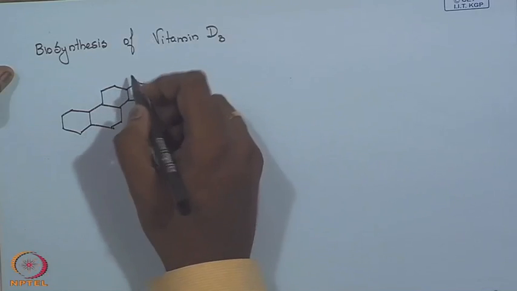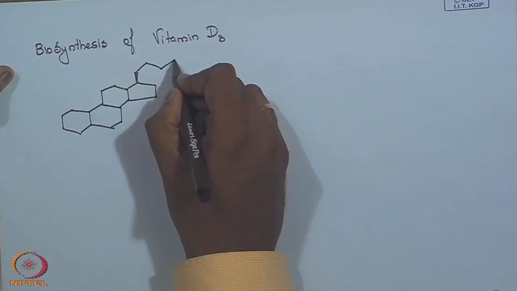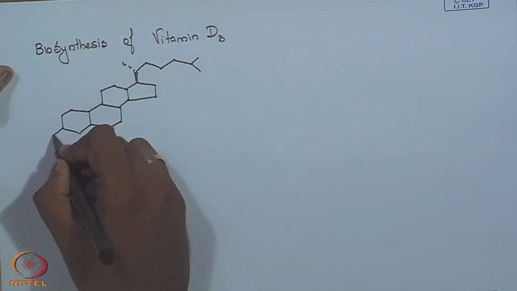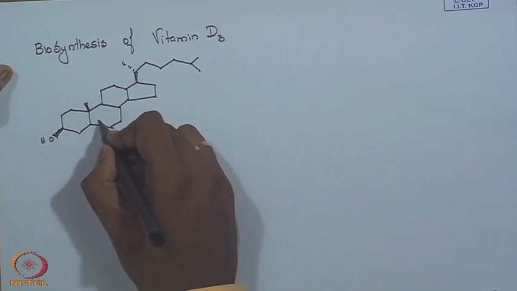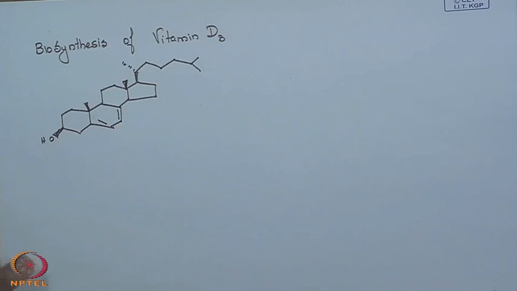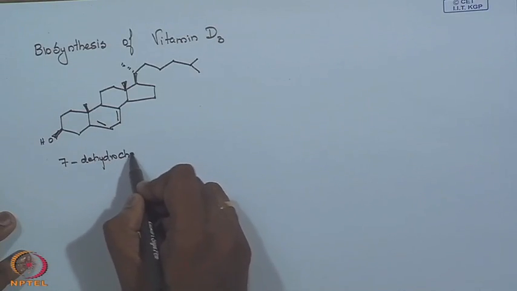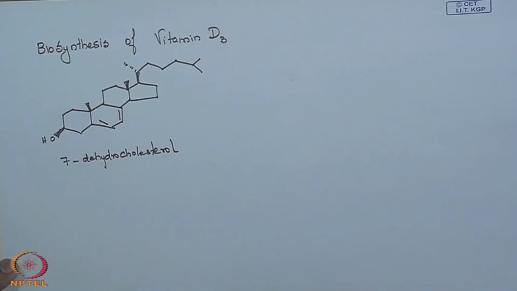I will draw the structure, and you let me know what it is. Be careful with your stereochemistry when you are dealing with this type of system. Your angular methyl should be correct. So what is this compound? Come on. Yes, 7-dehydrocholesterol.